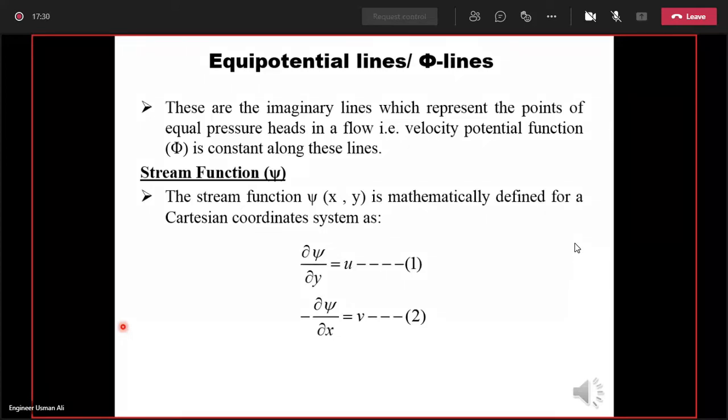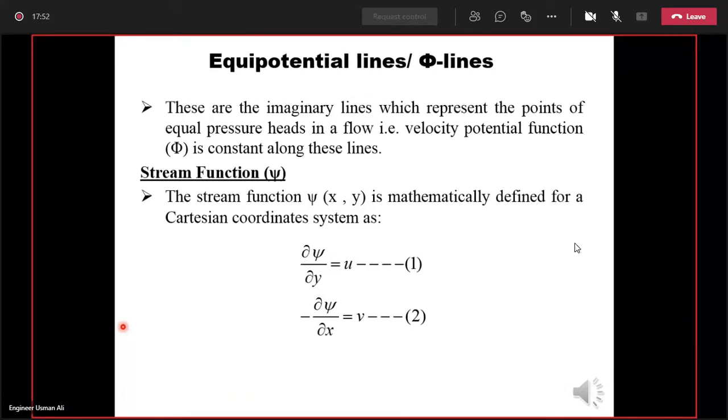Along this line, if you find the pressure head, you will find that it is equal. If you install a piezometer along this line, you will find the same pressure head there. Velocity potential function phi is constant along these lines. So it's a line along which the velocity potential function is constant. So this is another way to define it.